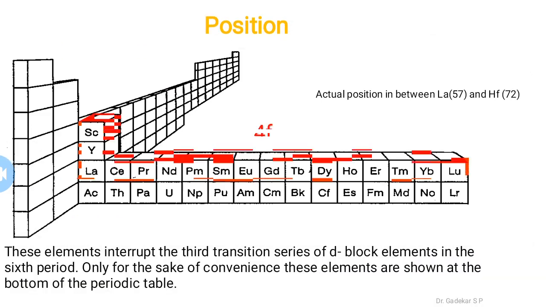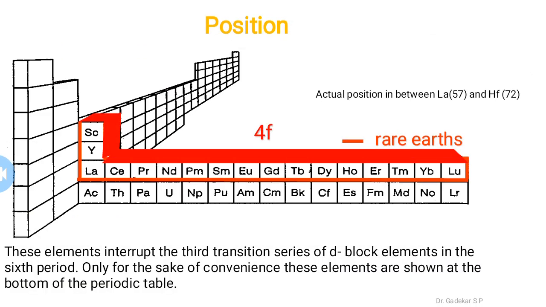Now we discuss the position of f block elements in the periodic table. The actual position is in between lanthanum and hafnium in group 3B.